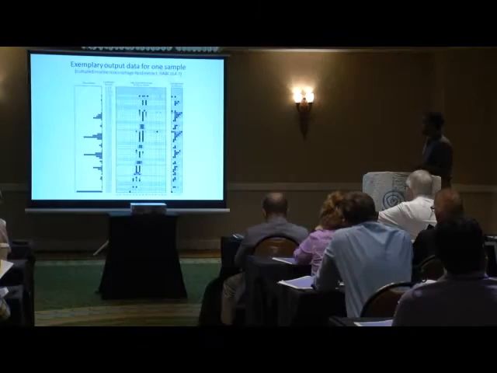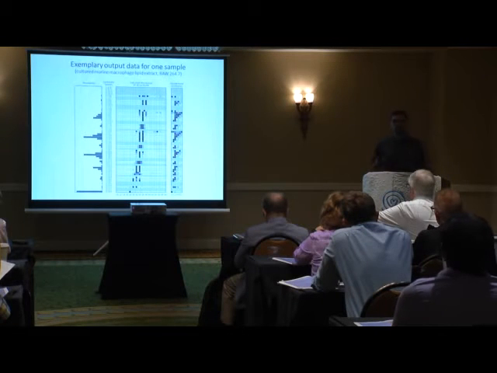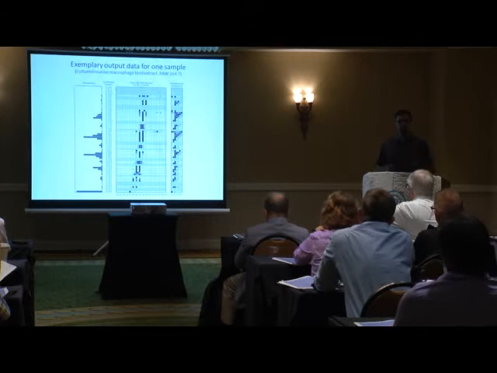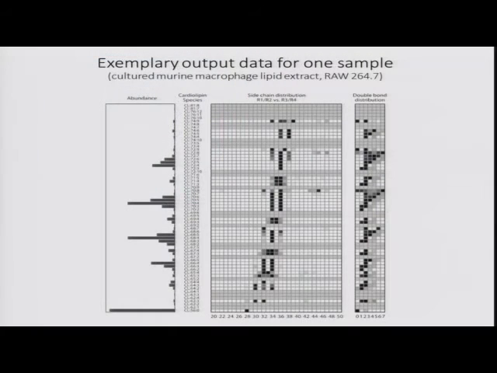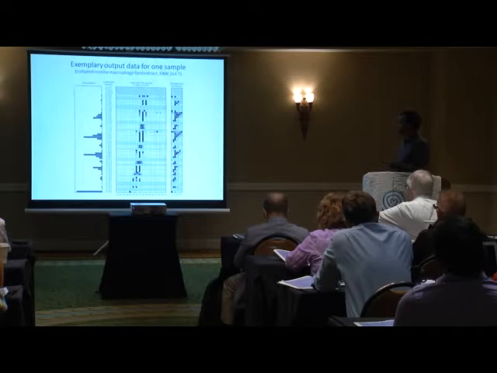So how does the output look? What do I get from one sample that is measured with this method? Here I show you one lipid extract from a murine macrophage cell line that I was interested in a while ago.